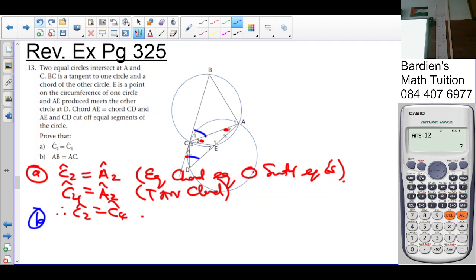Then angle A1 is equal to, A1, people. Anybody?